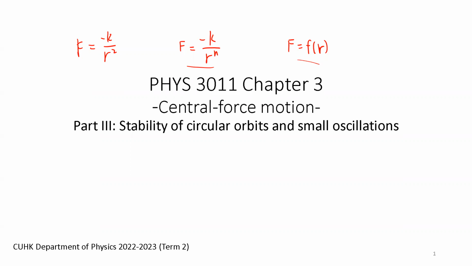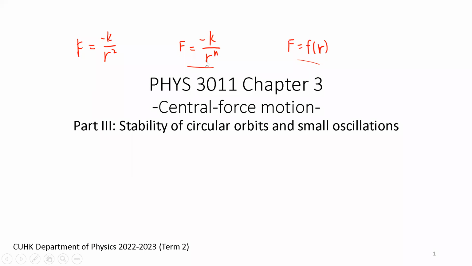However, whenever we deal with circular orbits, things are different. Why is that? Because whenever we deal with a circular orbit, that means we are fixing the r value. In that case, the magnitude of the force is not a variable, it's only a constant.